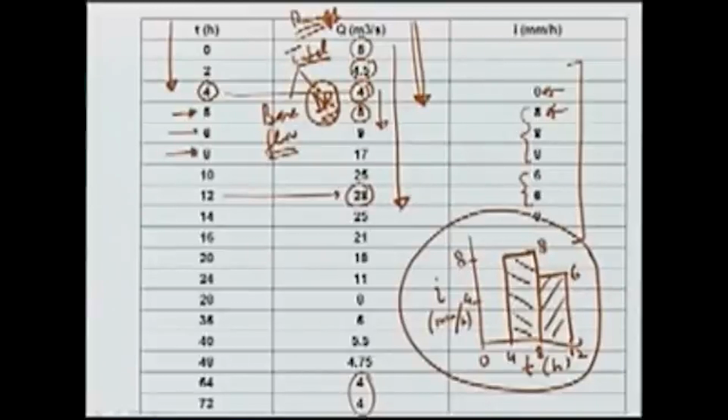So, that loss, as we have seen earlier, is given by the phi index in a very simple average loss function. So, we will see how to obtain the phi index, how to separate the base flow and obtain the DRH.